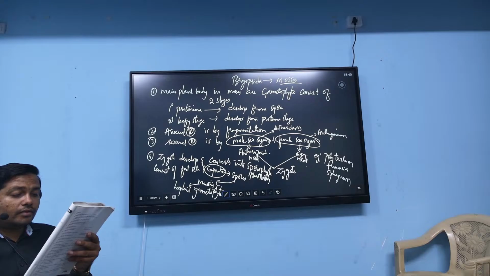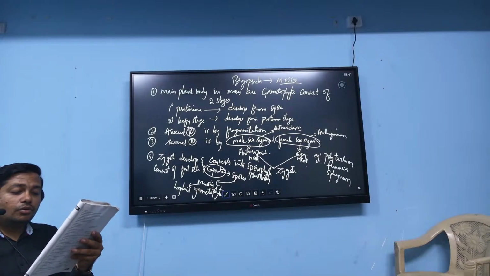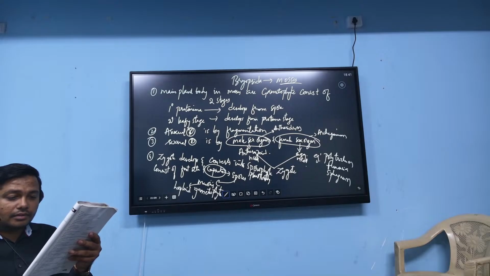B, differentiation of plant body into root, stem and leaf and autotrophic nutrition.